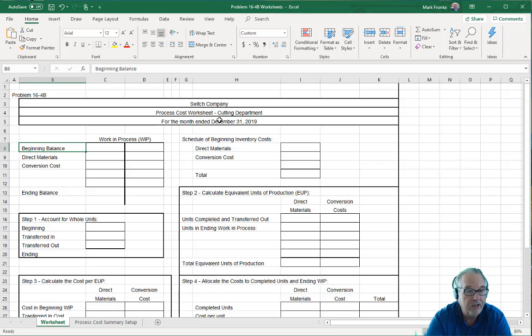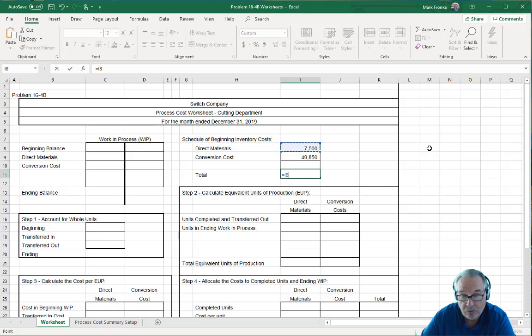Okay, so the first thing we're going to do is put in the inputs on the debit side of the work in process account. The first thing is we had some beginning work in process inventory, which included direct materials of $7,500 and conversion cost of $49,850.